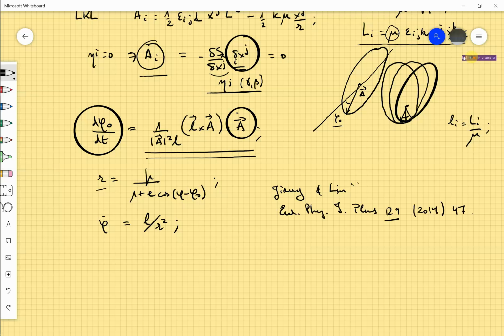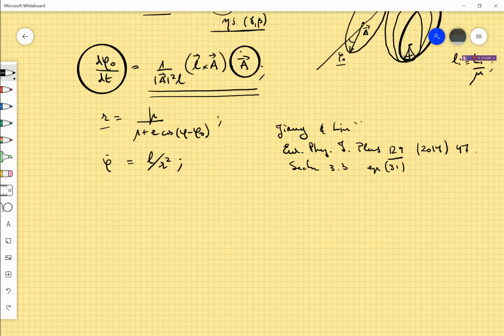You have to look into section 3.3 and equation 31. Basically they give you the result. The only problem with this method, which Weinberg says is the most efficient, is that you get a lot of terms. So you get many terms.